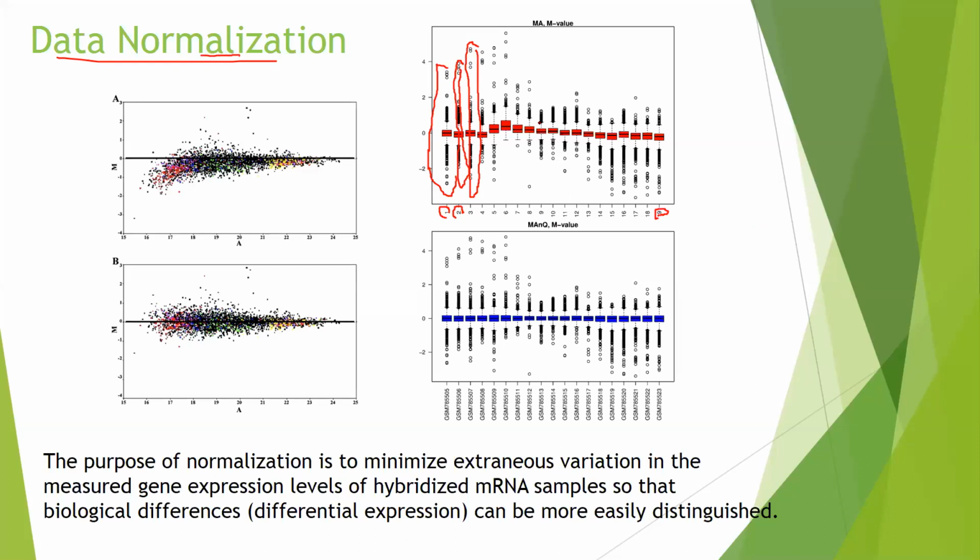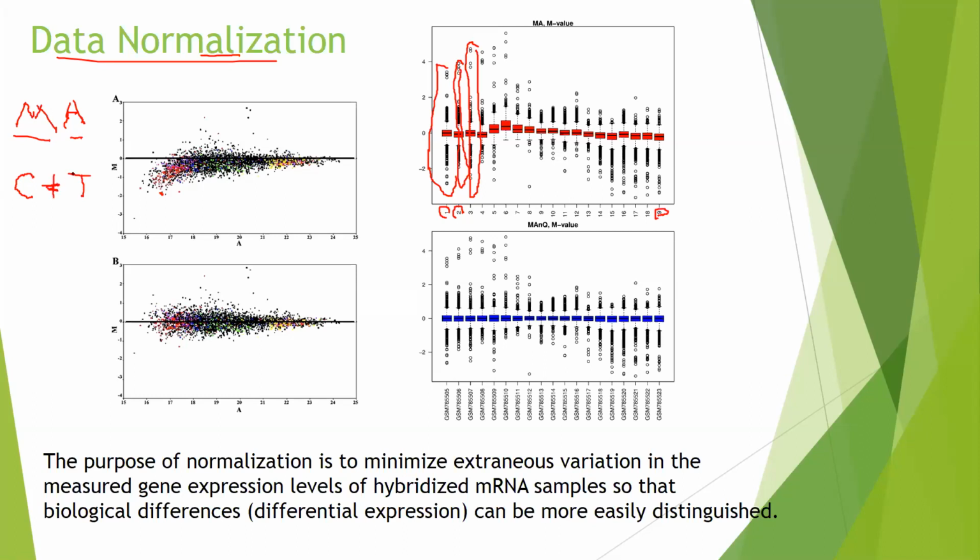Before the normalization, if you make the MA plot, which is a very special plot, the data will look like this. What is MA? For each gene, you have the average for the control group and the average for the treatment group. A is the sum of these two averages, the control and the treatment.